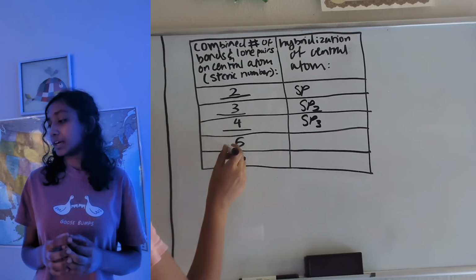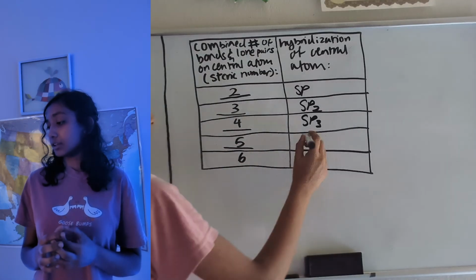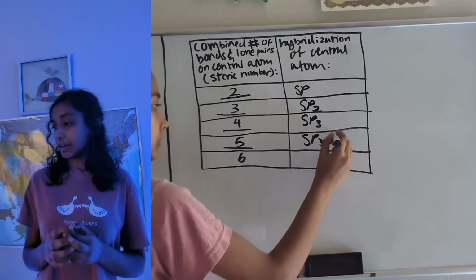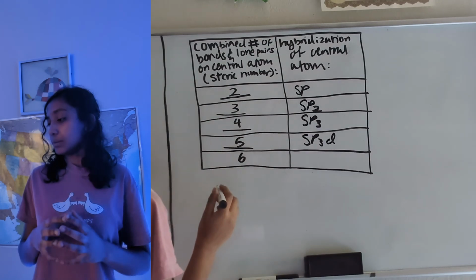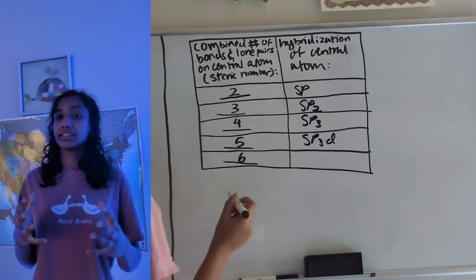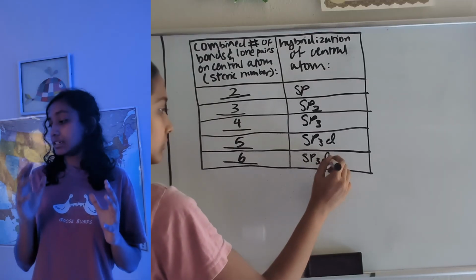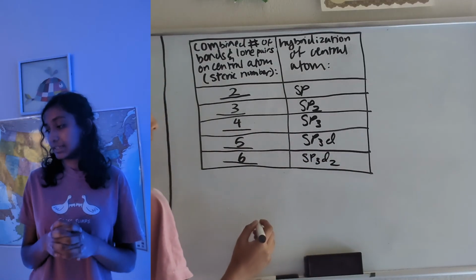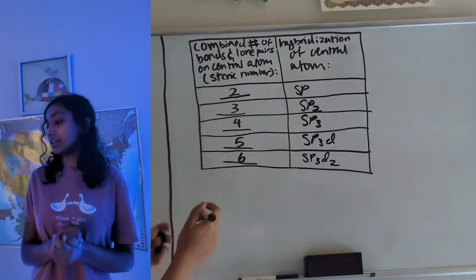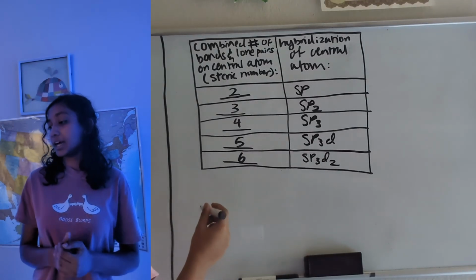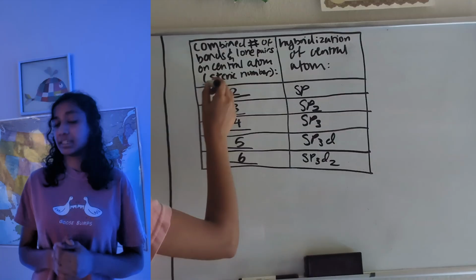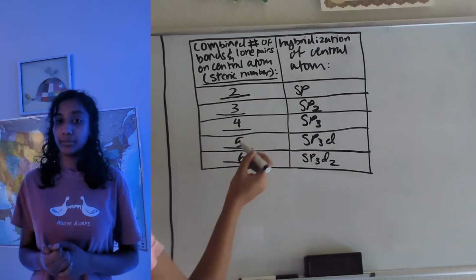An atom with a combined number of 5 sigma bonds and lone pairs has sp3d hybridization, and an atom with a combined number of 6 sigma bonds/lone pairs has sp3d2 hybridization. That was a mouthful. In chemistry, we call the combined number of sigma bonds and lone pairs the atom's steric number.